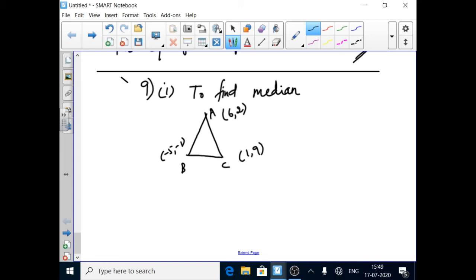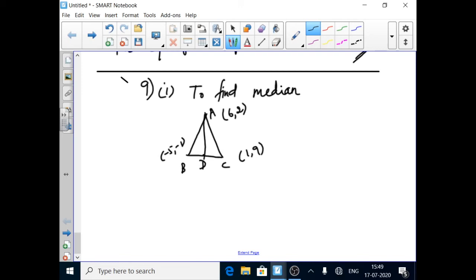Median means, if I take the point A, first we find the midpoint of the opposite side. I give that the name D. So join these two lines.